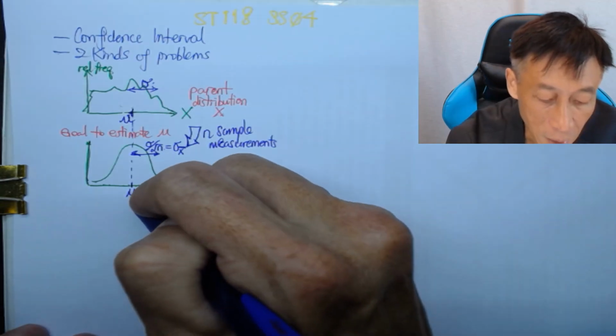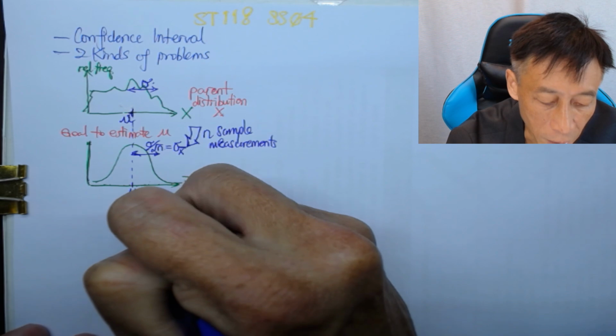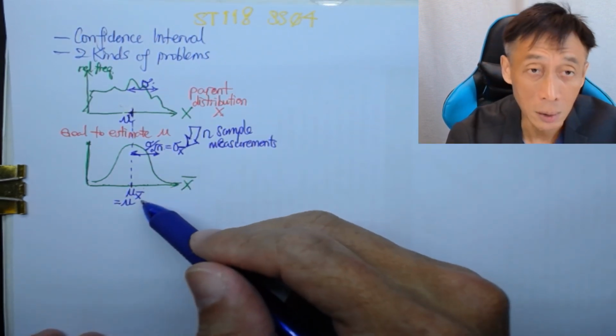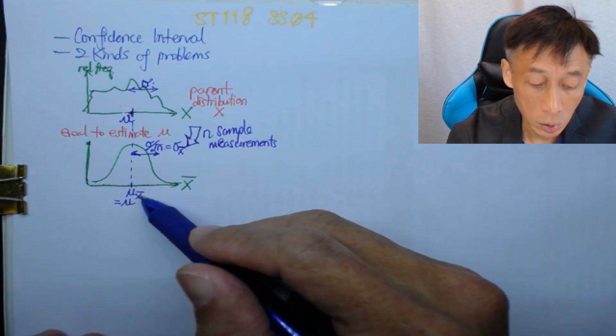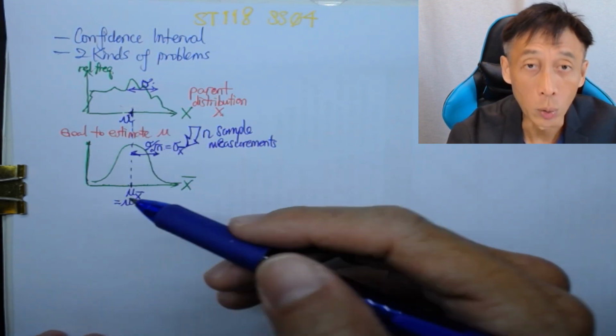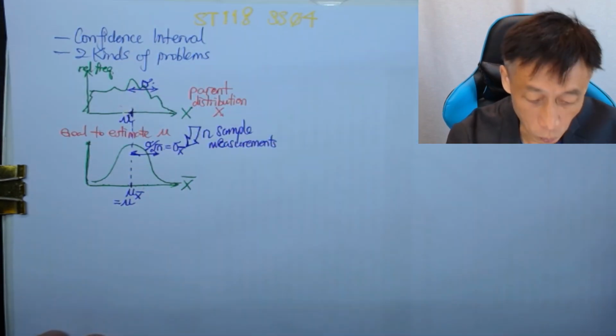And similarly, this mu x bar is also often just written directly as mu without the subscript x bar here, because from theory we know mu x bar is equal to mu all the time for any kind of shape, for any kind of value of mu.